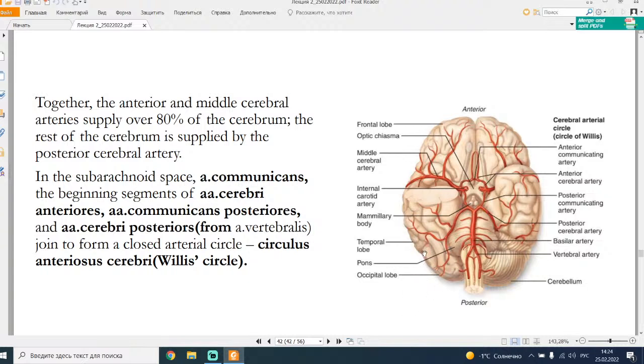In the subarachnoid space, the arteria communicans anterior, the beginning segments of arteria cerebri anterior, arteria communicans posterior, and arteria cerebri posterior are joined to form a closed arterial circle, circulus arteriosus cerebri, the Willis circle.